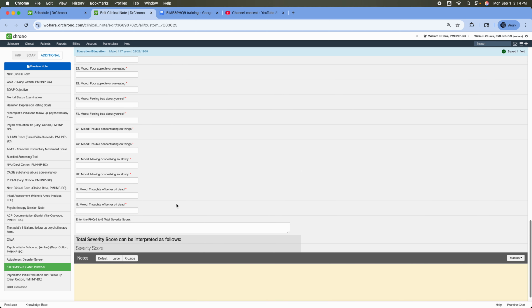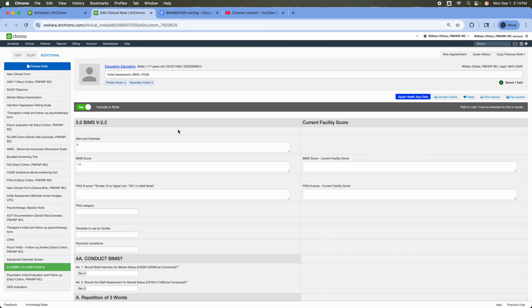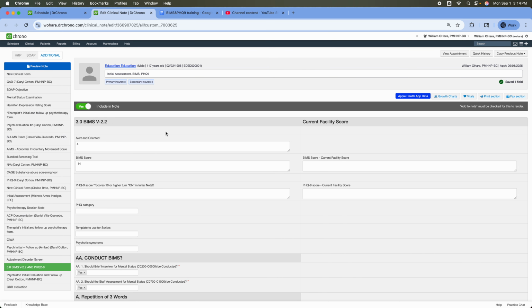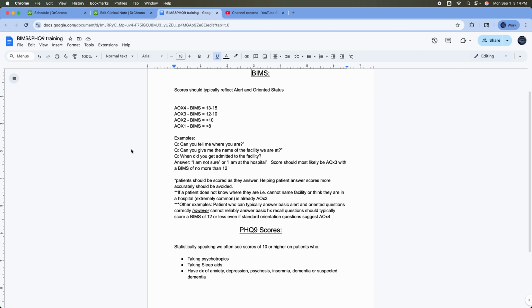So something a little bit more about the PHQ 2 to 9 and the BIMS. The PHQ 2 to 9 and BIMS are extremely important to the facilities. It's also extremely important to us. So what's most important, and I've created a kind of template here, or sort of best rules moving forward with BIMS, is that I can accomplish a BIMS and a PHQ 9 by having a conversation.